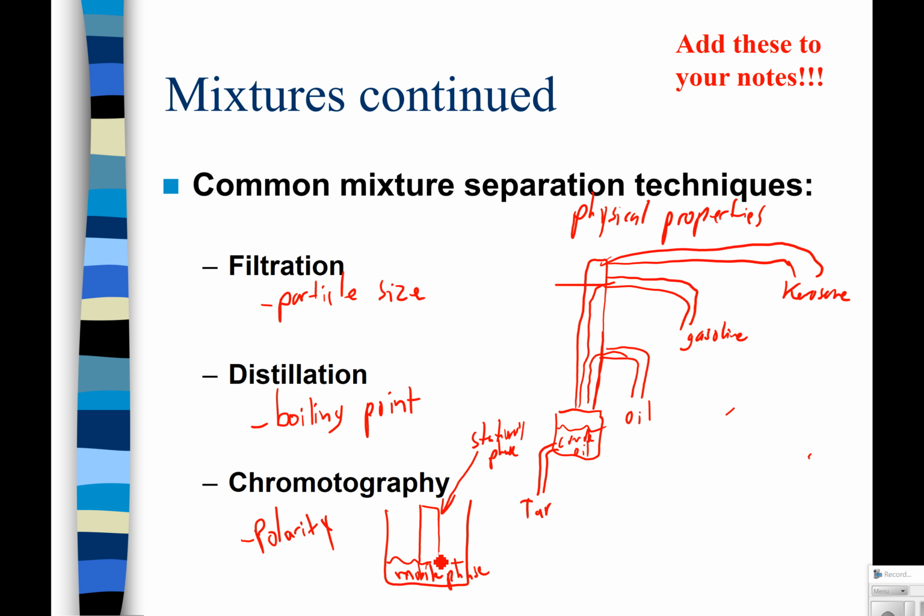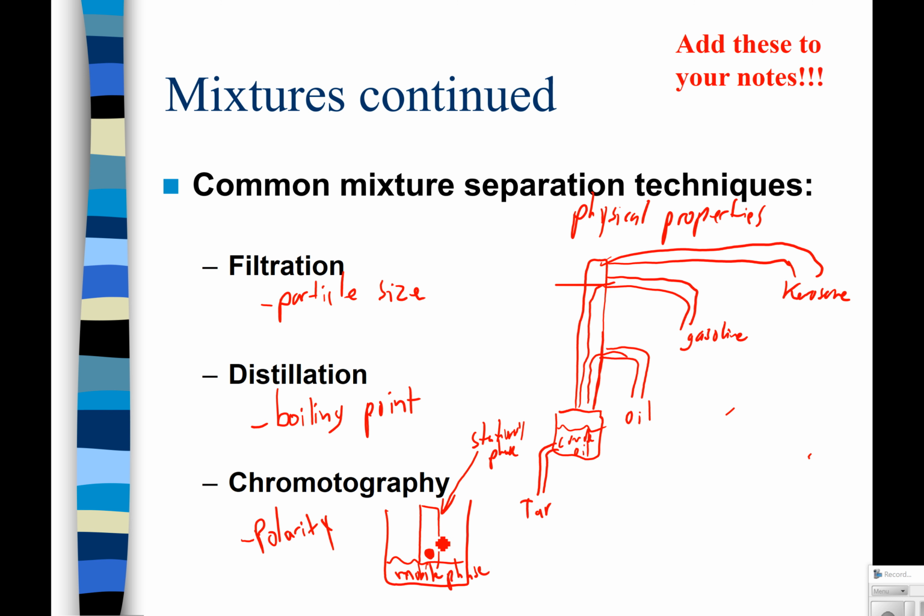We'd put our mixture on this stationary phase here, and the mobile phase is going to try and carry, as it wicks its way through this stationary phase, the components of this mixture that we put in here along the stationary phase.